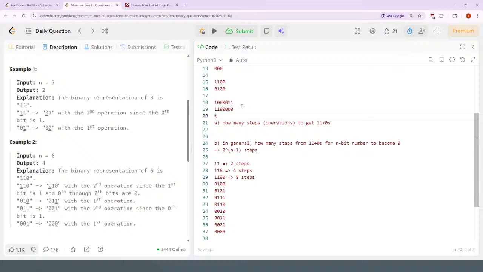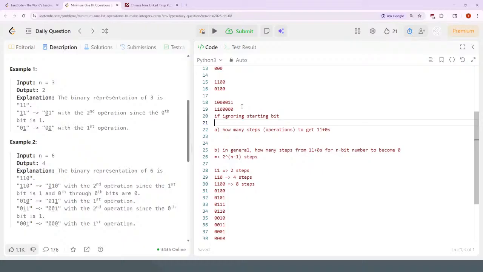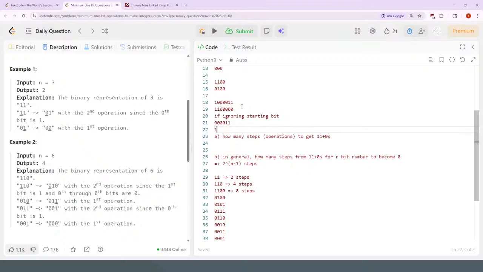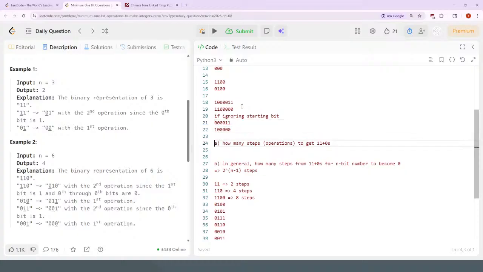So if ignoring the starting bit, what I'm really considering is getting from there to there.